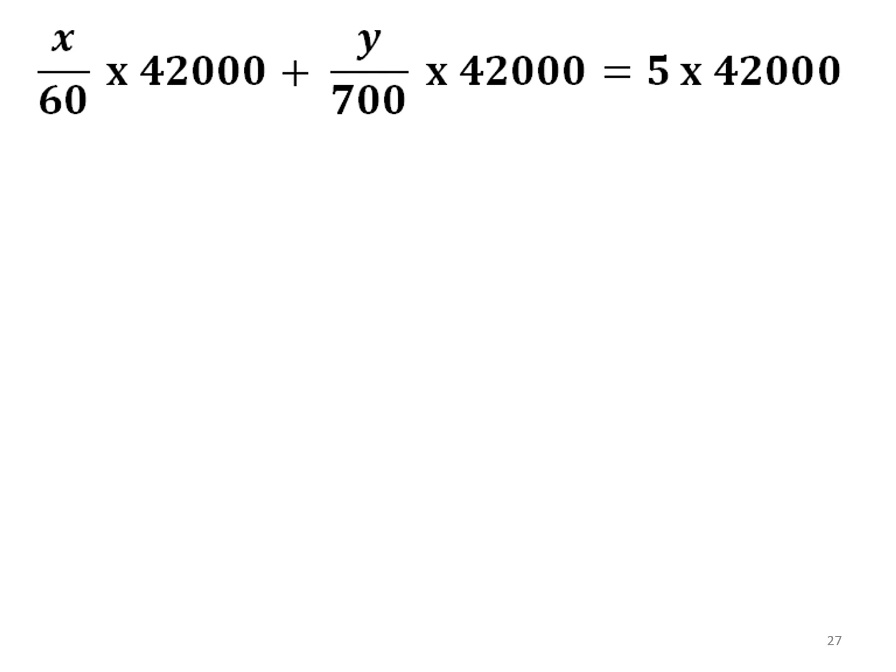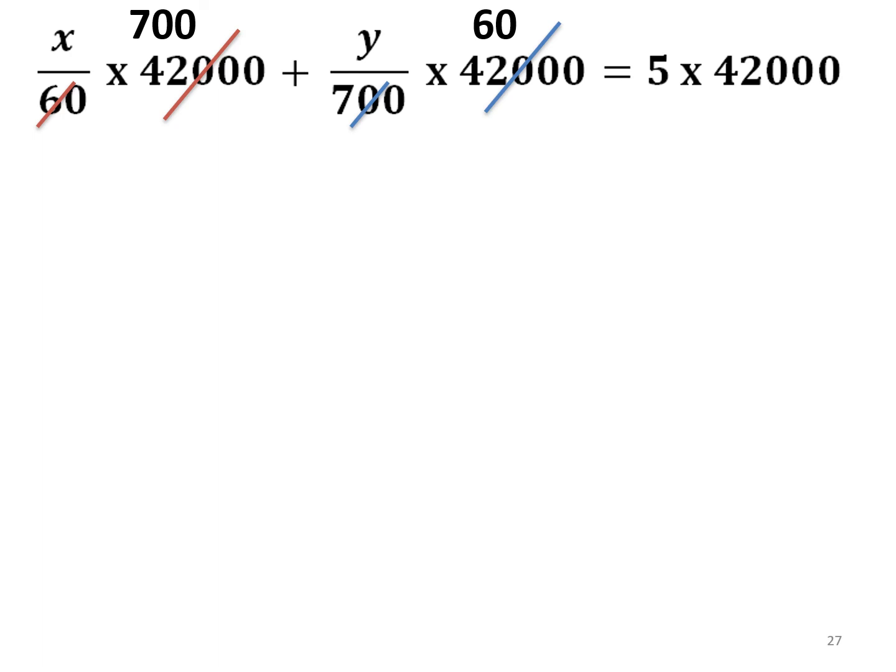Now if you see, there are some terms which can get cancelled or reduced. So I will reduce the numbers. 42,000 divided by 60, I get as 700. 42,000 divided by 700, I get it as 60. And 5 into 42,000, I will multiply.